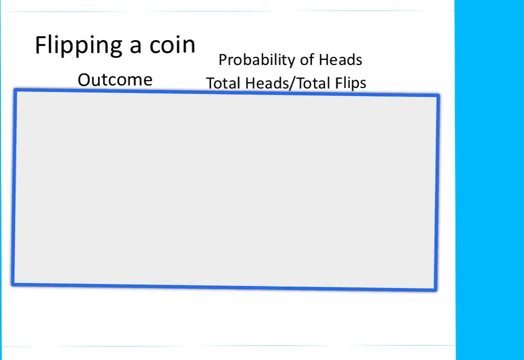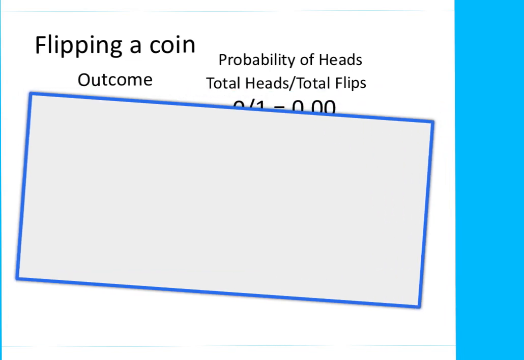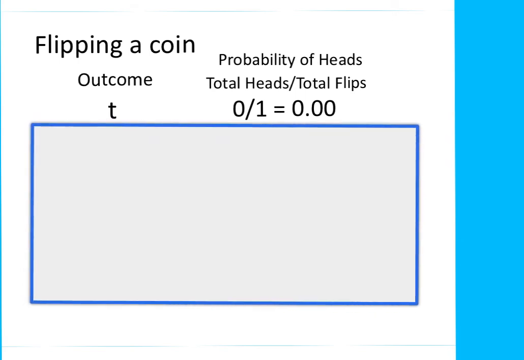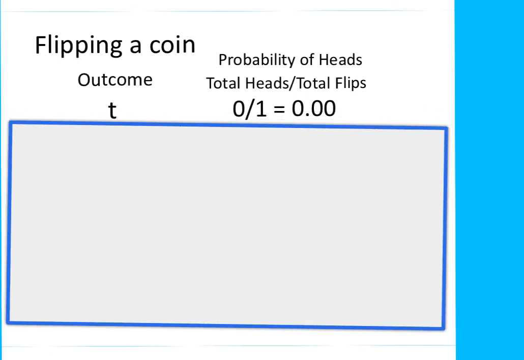On the left side I'll list the outcome, and on the right side will be listed the total heads divided by the total number of flips that have occurred. So let's say the first time we flip a tail. No heads. So total heads was 0, total flips was 1. So 0 divided by 1 is 0.